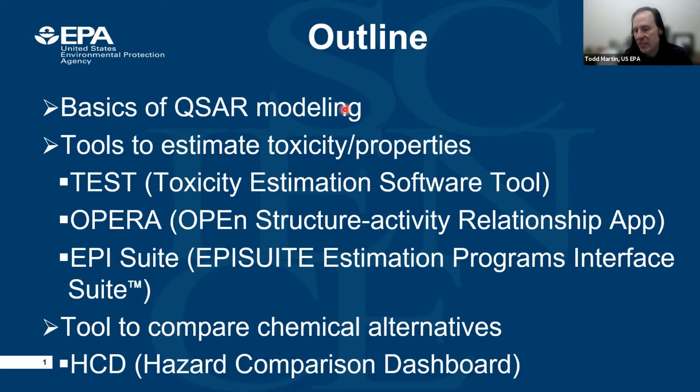We also have access to EPA's EPI Suite, a legacy tool for predicting toxicity and physical chemical properties. Finally, I'll talk about one of the tools I've developed to compare chemical alternatives, the HCD, the Hazard Comparison Dashboard.